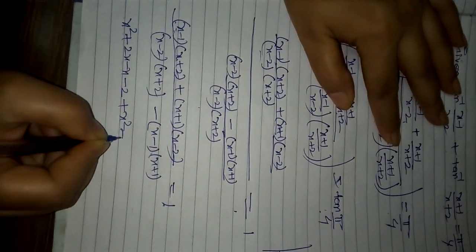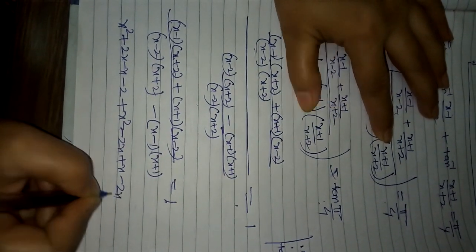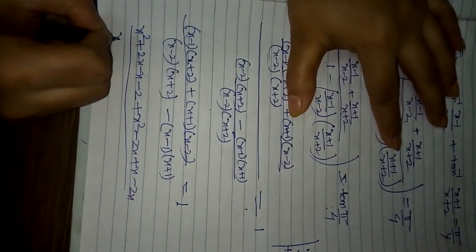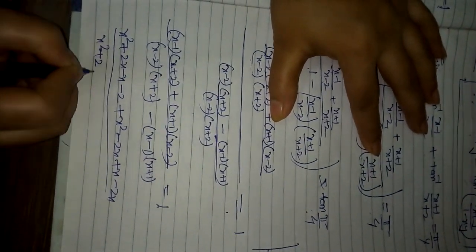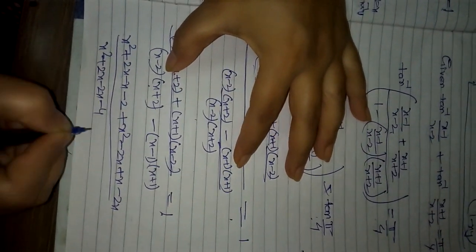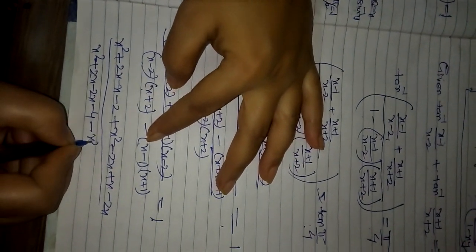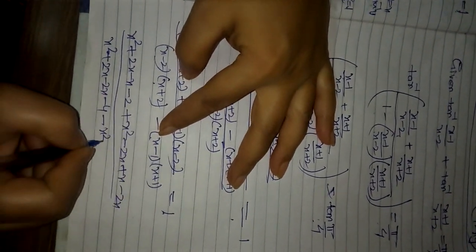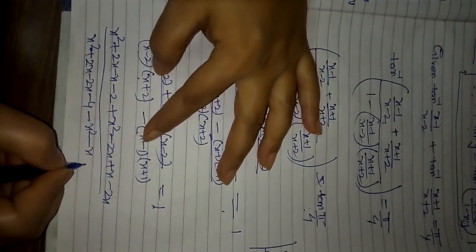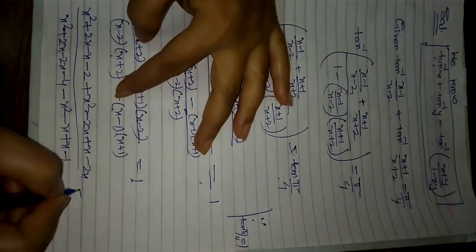Now solve this equation, multiply this: it will come x square plus 2x minus x minus 2 plus x square minus 2x plus x minus 2, over x square plus 2x minus 2x minus 4, and then the minus sign, so it will come minus x square, then minus x, then minus minus plus x, then minus 1 equal to 1.